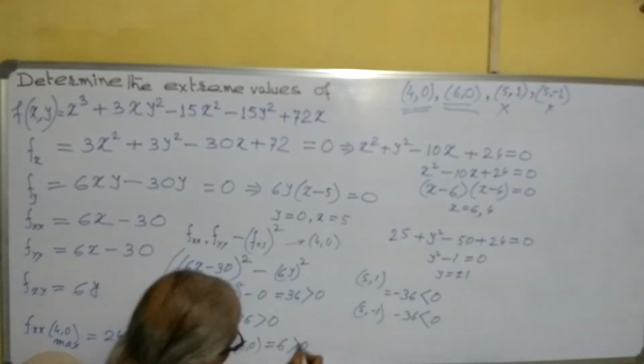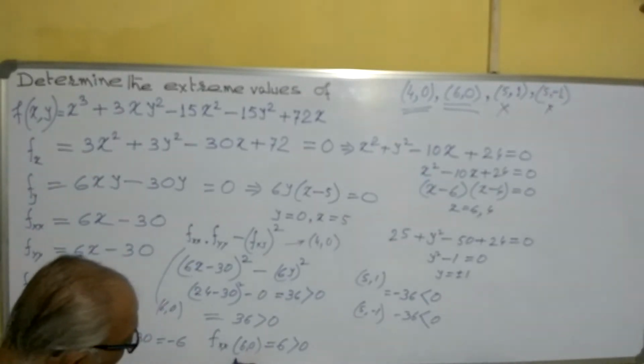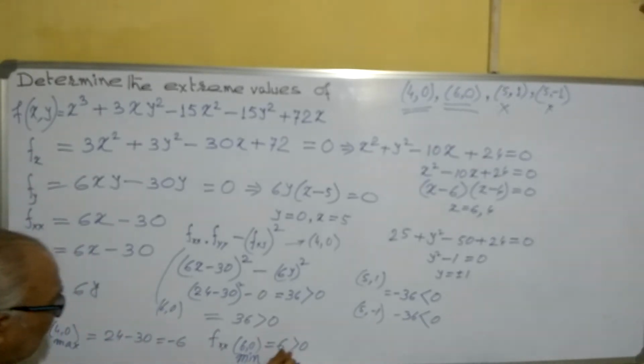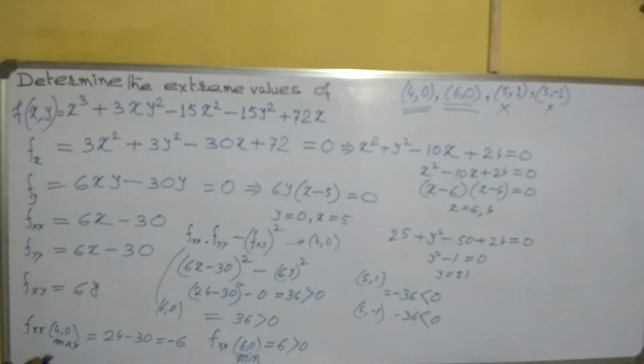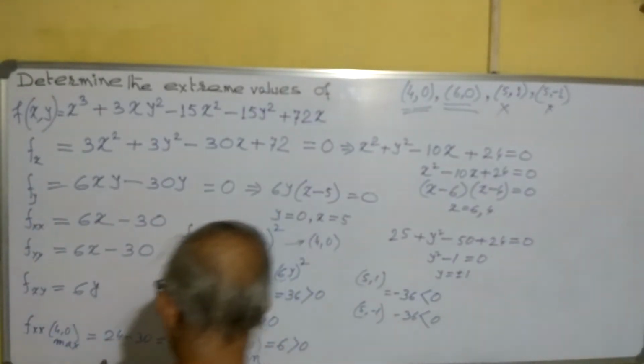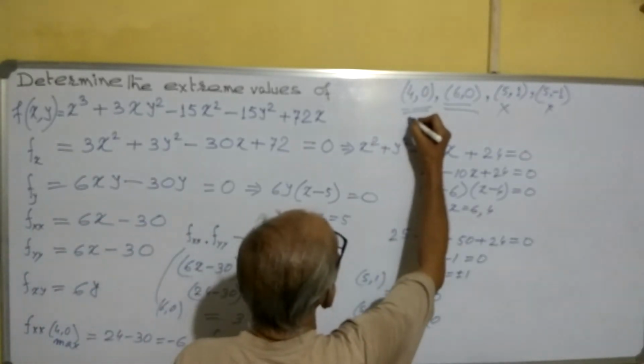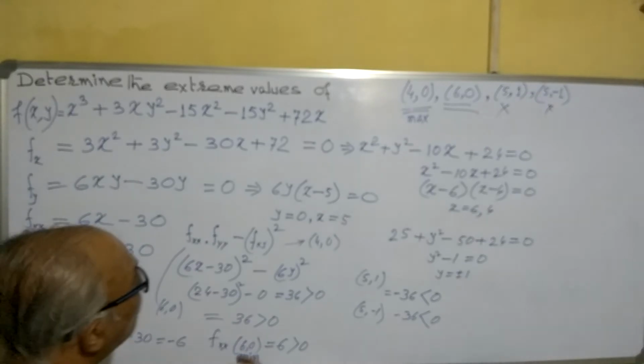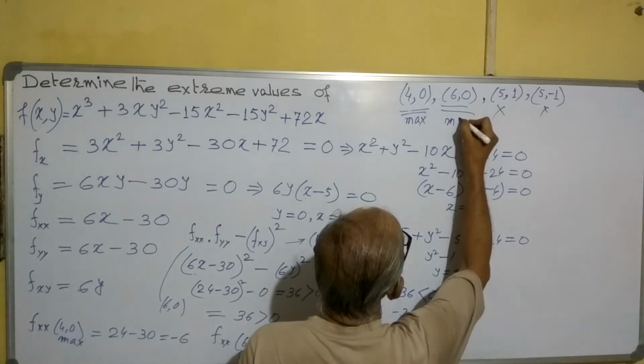It is greater than 0. Hence this one will give you minima. If it is greater than 0, it will give you minima. This one will give you maxima. So we got the 2 points. 40 will give us maxima, and 60 will give us minima.